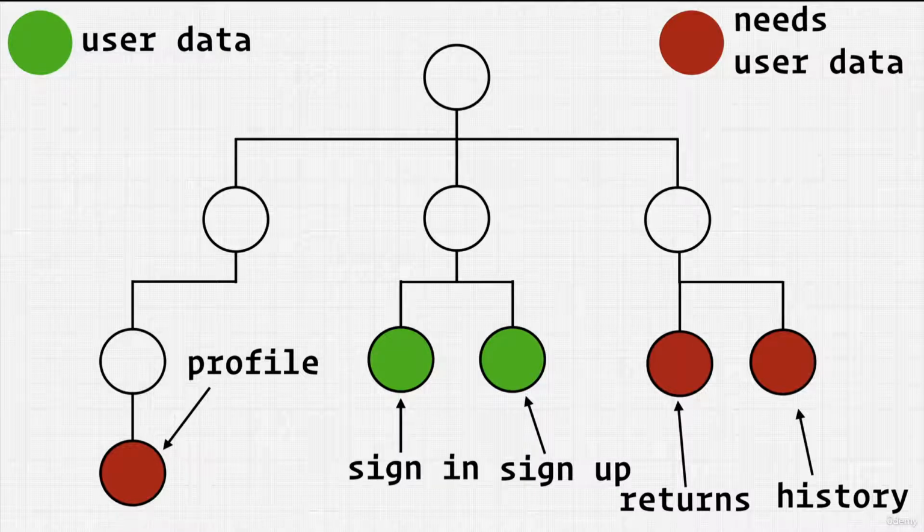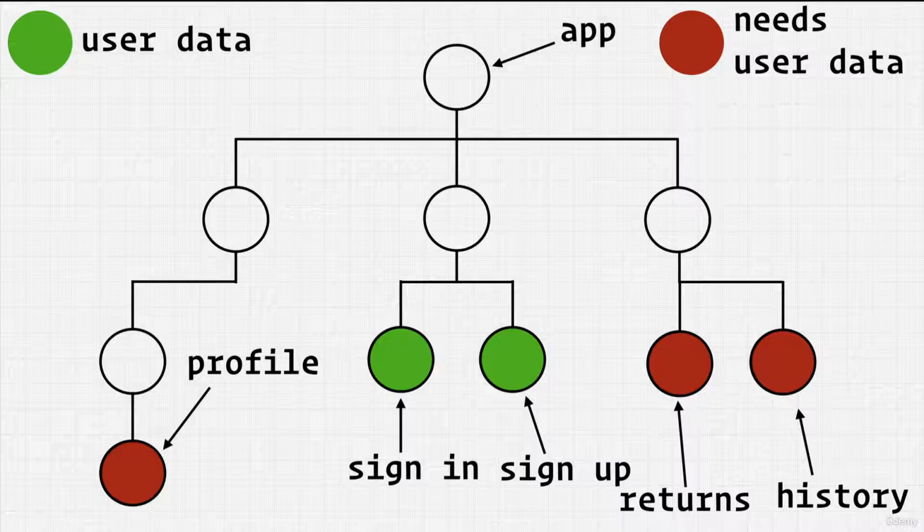So how would we actually surface this user data that lives in the sign-in? What we would have to do is figure out which of these components is the top level common parent. If you look at this, at what point is there going to be some node that can access data and then distribute it out to the corresponding profile, returns, and history?